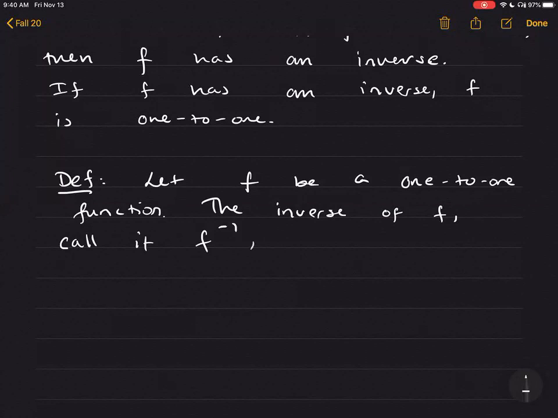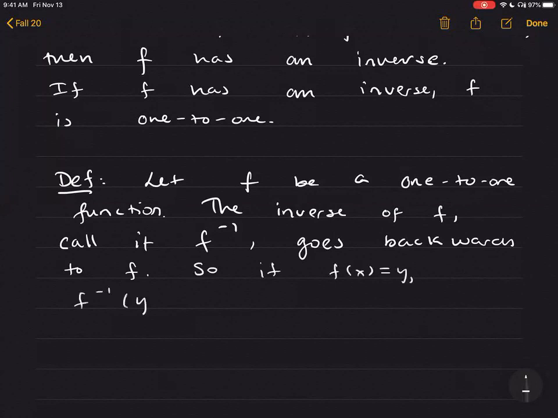A way to think about it is it goes backwards to f. So if f of x equals y, f inverse of y equals x. If f sends a point x to a point y, f inverse is the arrow going backwards along that route.